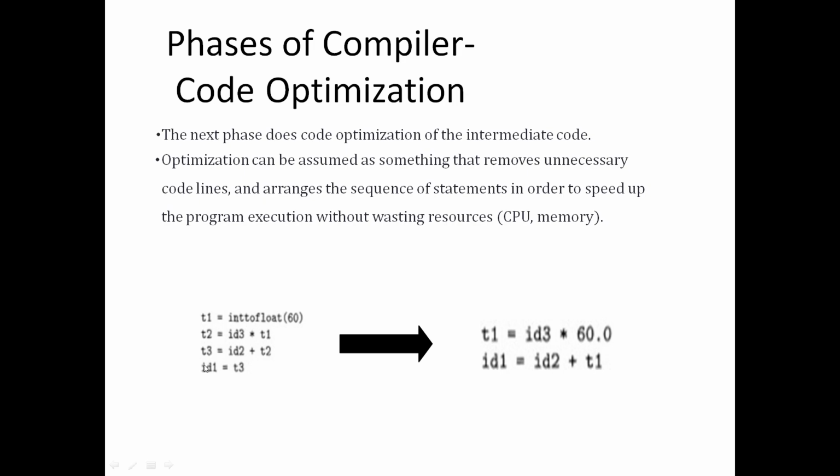Then these 2 statements are replaced by a single statement, id1 equal to id2 plus t1. So the purpose of code optimization is to reduce the number of lines, removing the unnecessary code lines. When we reduce the unnecessary lines, your code will automatically be executed much faster.